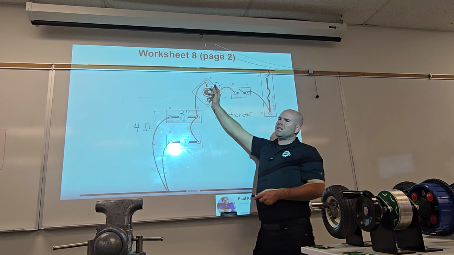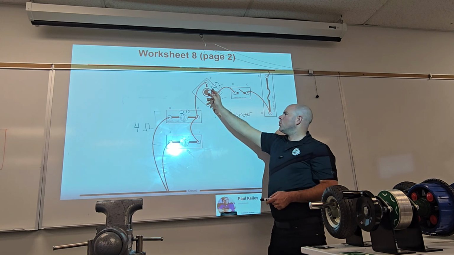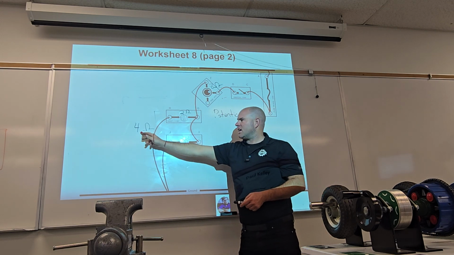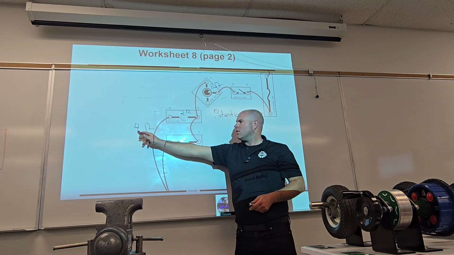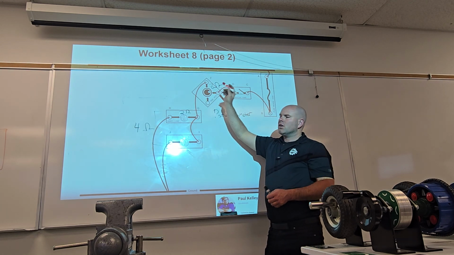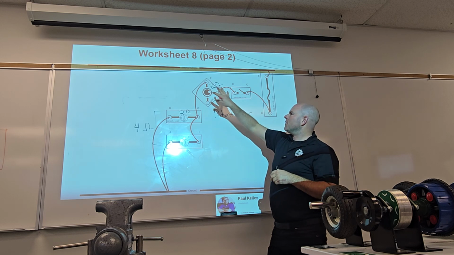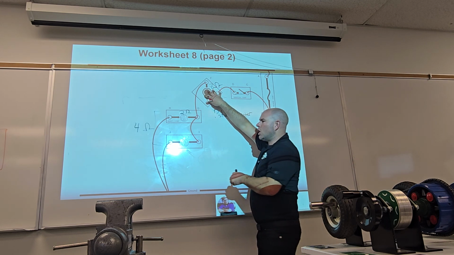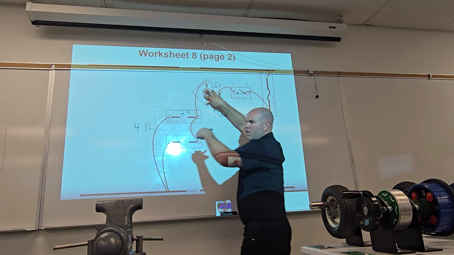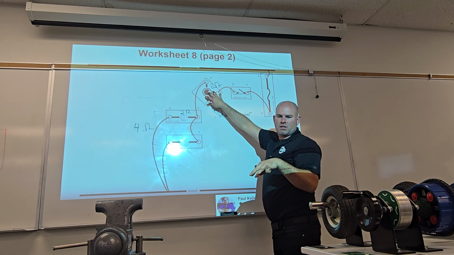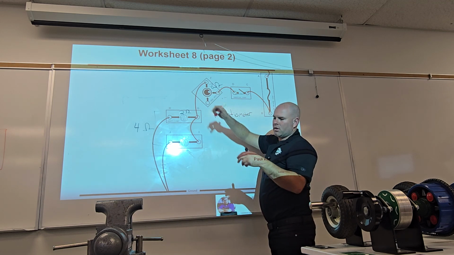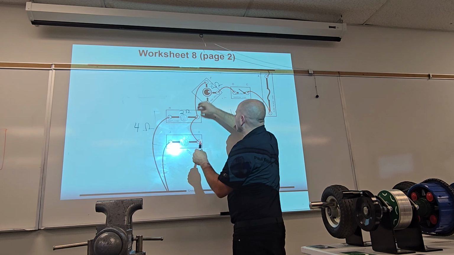8 ohms doesn't mean it drops 8 volts. 8 ohms has to be compared to this. Is this double? No, this is half and this is double, right? So however much this drops, it has to be double what this is. If the available is 12 and this has to be double, how much should this thing drop?